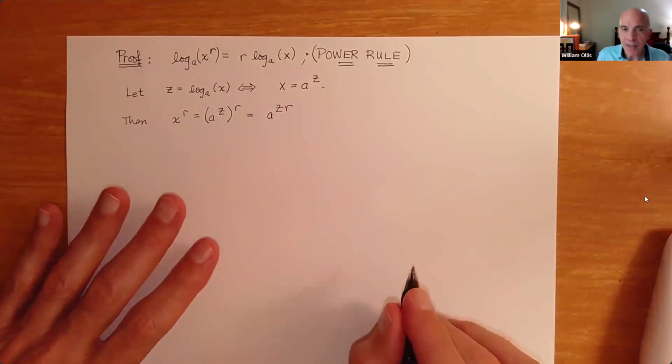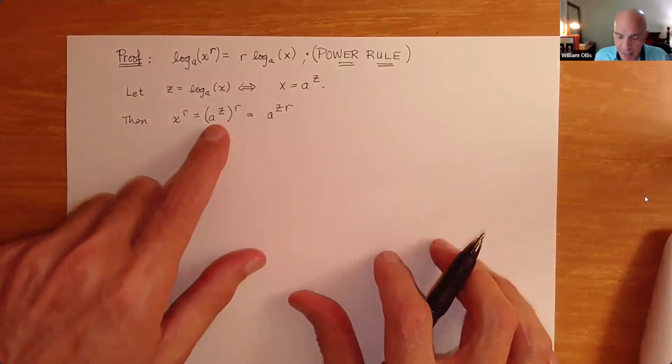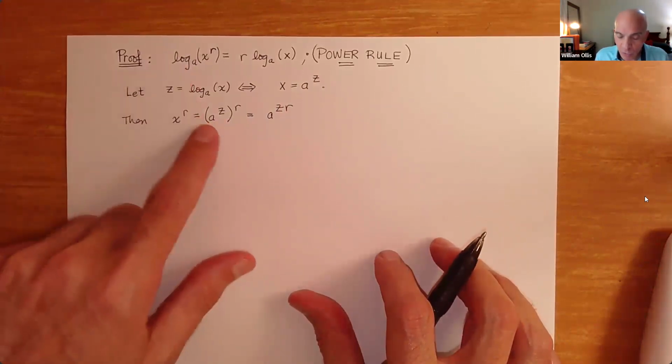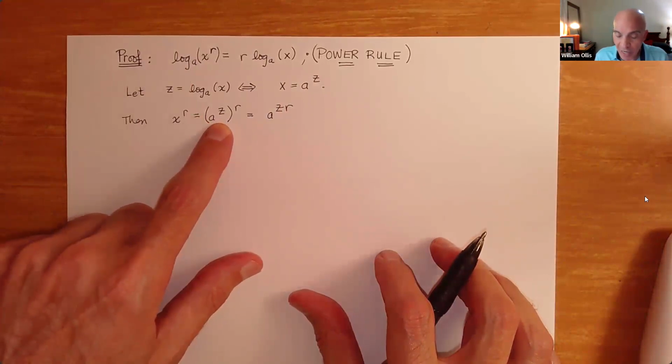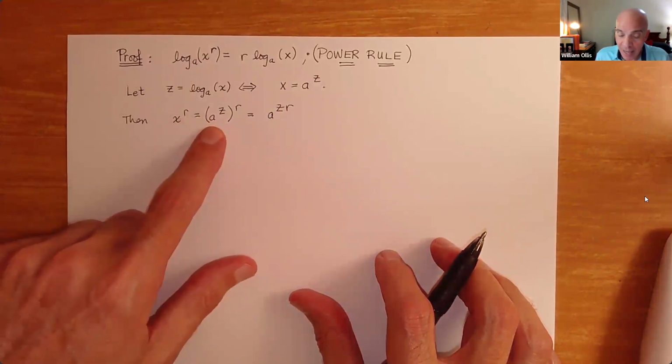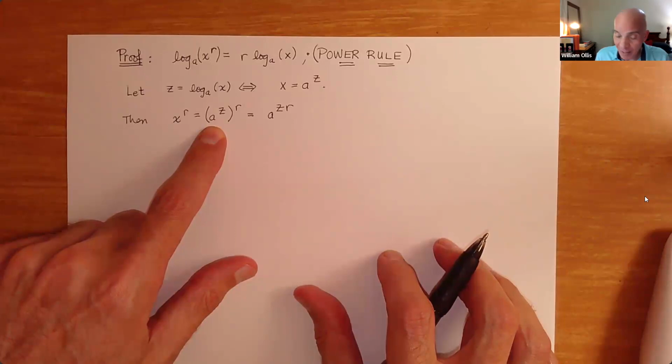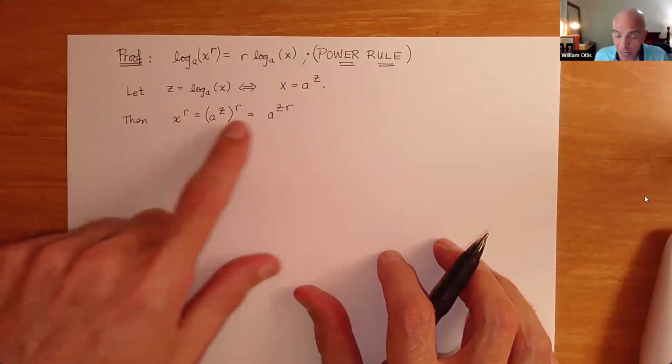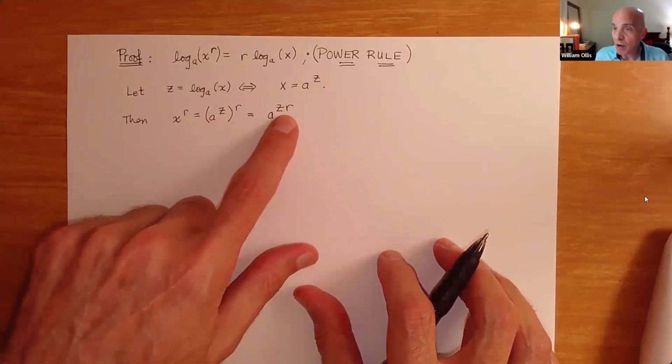So the important thing here, again, is doing the toggle to transfer to the actual base A exponential and then express x to the r as a power of A. And so we say x to the r is just A to the zr.